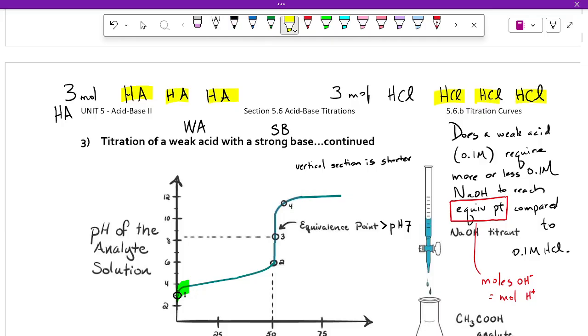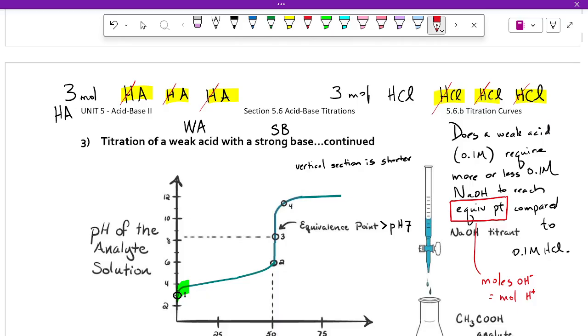Which one will require more NaOH to neutralize it? So in HCl, I need to neutralize 1 H, 2 H's, 3 H's. In the weak acid, I need to neutralize 1 H, 2 H, 3 H's.